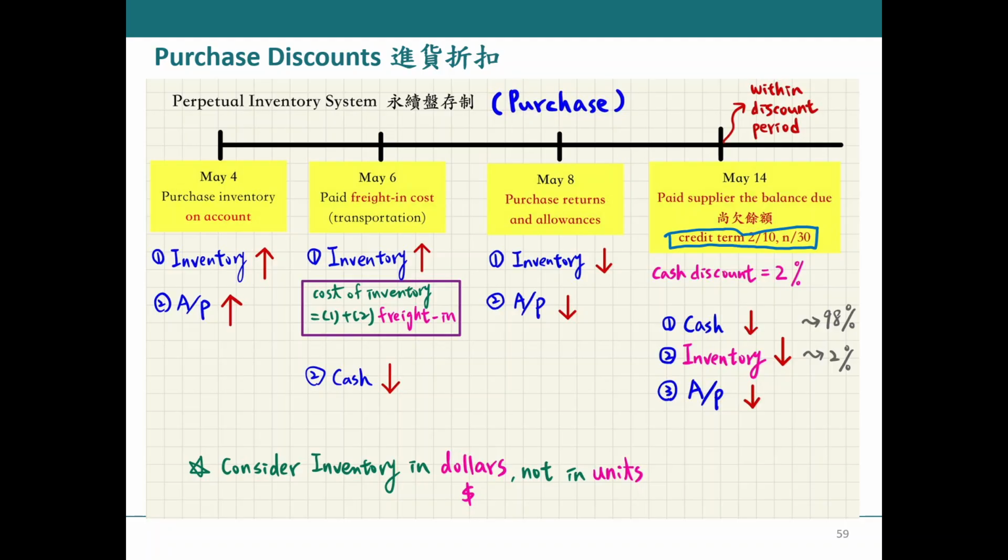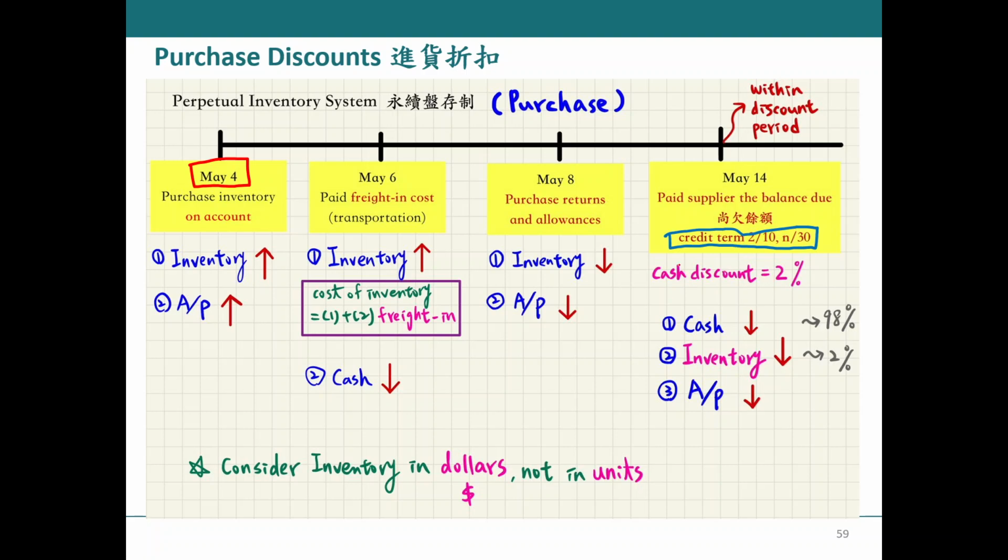Then you had to figure out which day you bought the inventory and owed the money. May 4th, right? So on May 4th, you bought the inventory. When did you pay the money? May 14th, right?